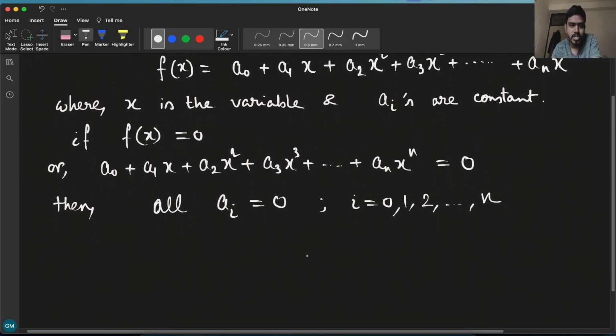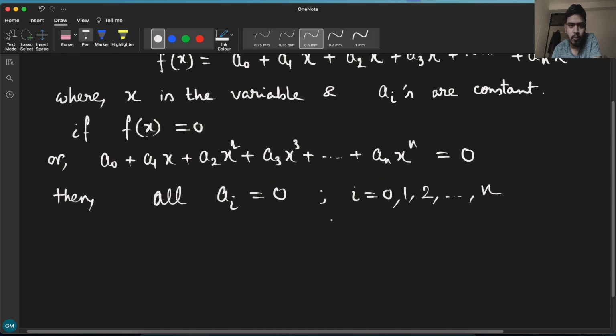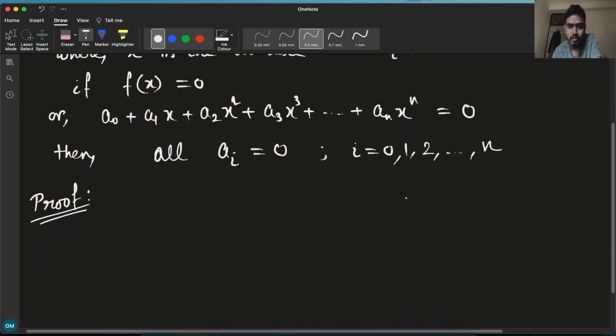So all these coefficients are 0. The proof is very simple. You can pause the video and think for a moment how to prove it.